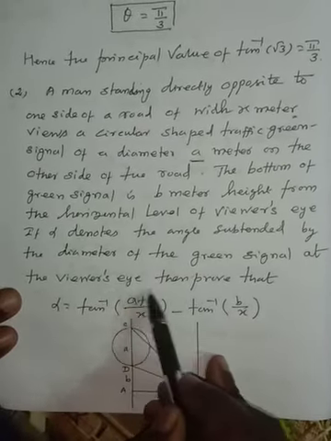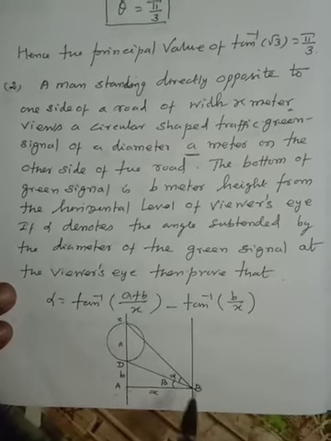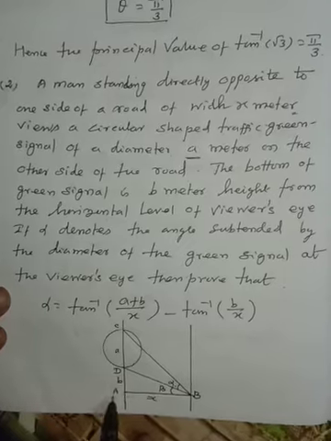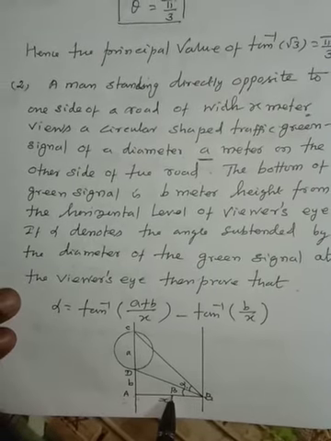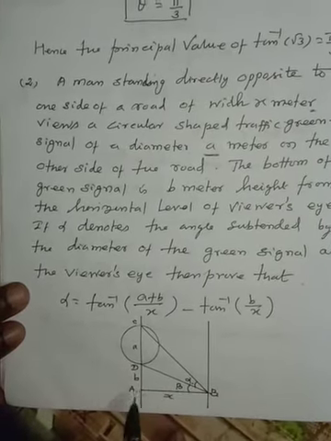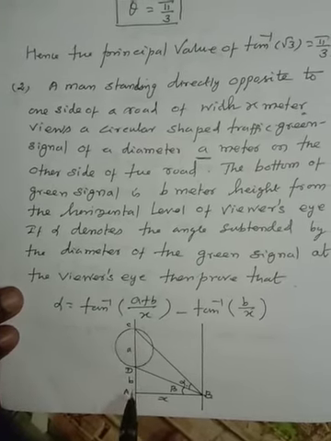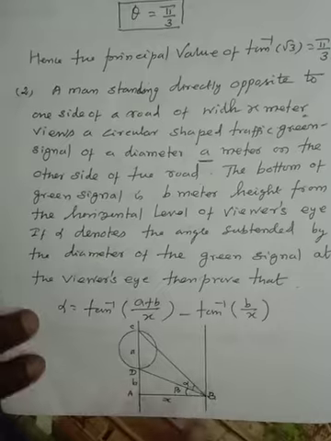Here CD is the green signal, angle CBD is alpha, and angle DBA is beta.